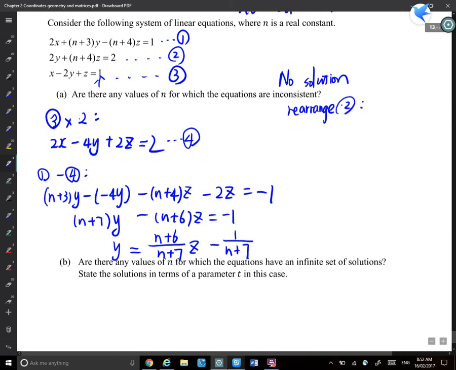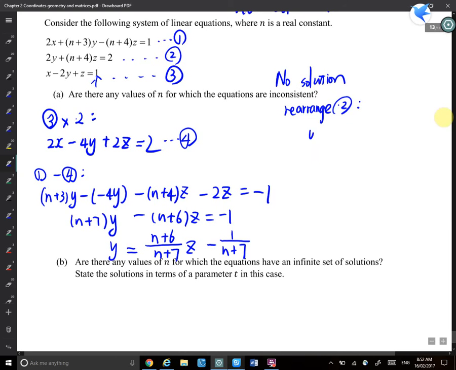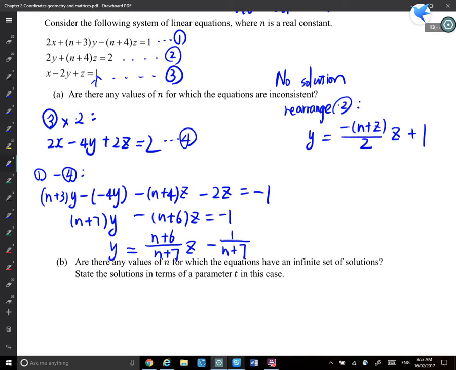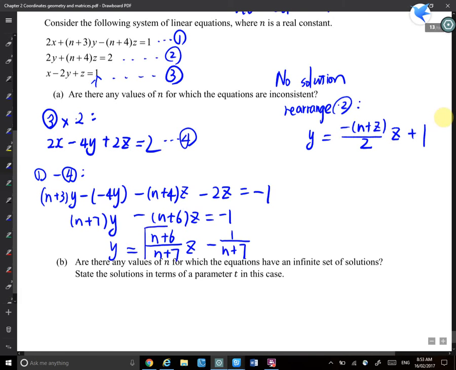That one only contains y and z, so y equals minus (n plus 4) over 2 z plus 1. So what's the gradient? That one is the gradient. That one is the intercept.